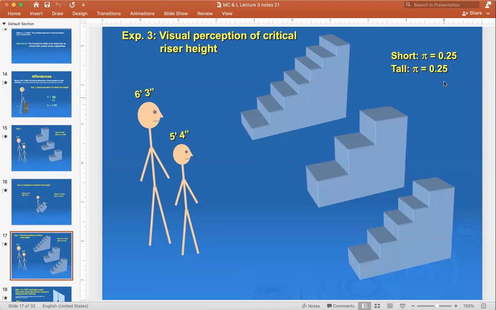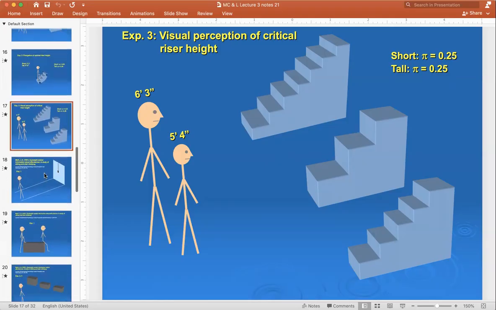So it shows that people can view a staircase and determine the energy expenditure required to walk up those steps. If you had a choice, you would pick the steps that best fit 0.25, because you know intrinsically you're going to require the least energy to walk up steps at that height. Incidentally, this 0.25 is generally higher than the average steps you'll find around the environment, so steps are not really designed for efficiency for the average person walking up them.